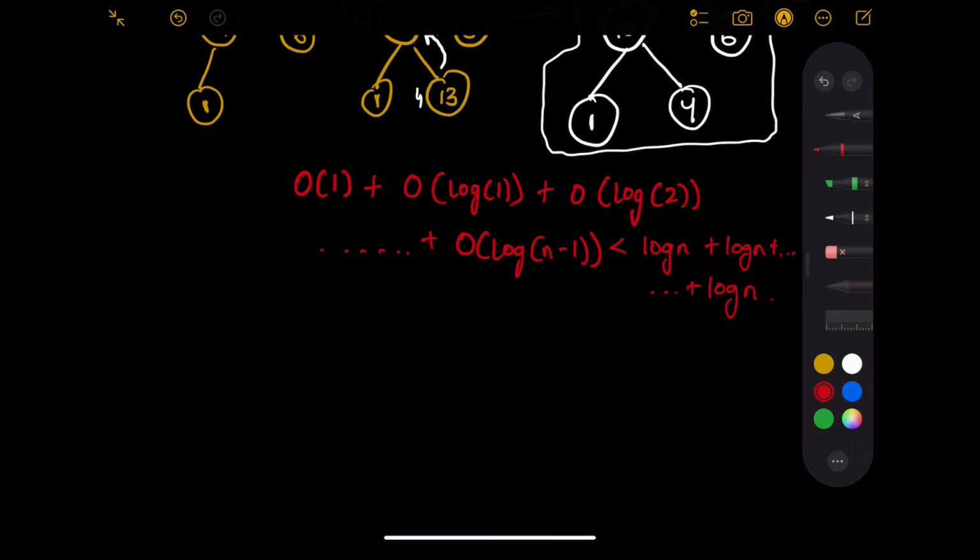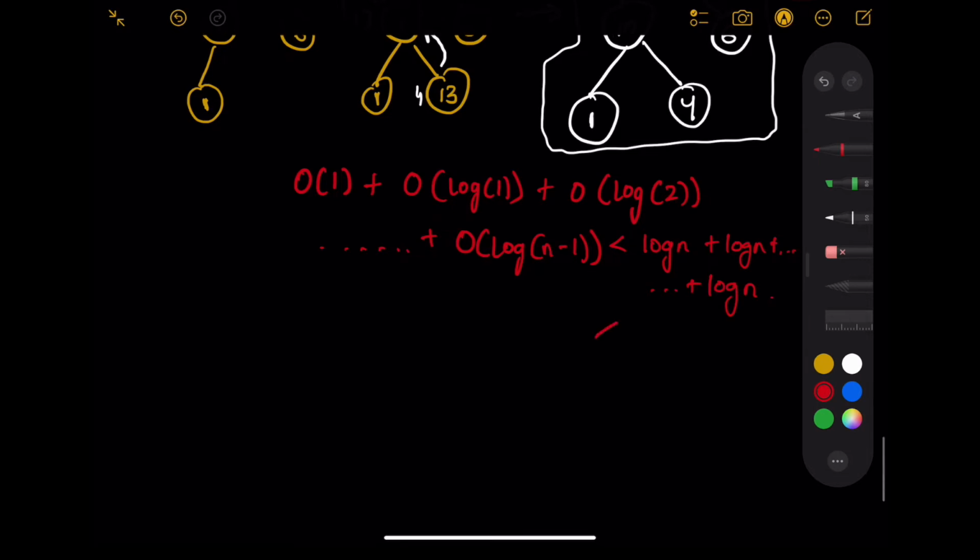Because 1 plus log 1 plus log 2 till log of n minus 1 will definitely be smaller than log n plus log n plus log n, n times, and we can say that this will be less than n log n. So we can say that n log n will be the upper bound for this series.